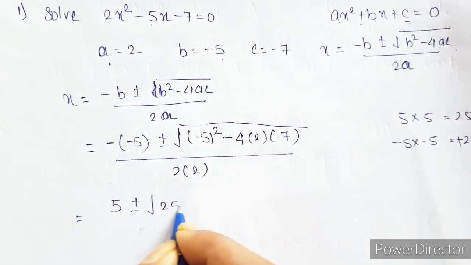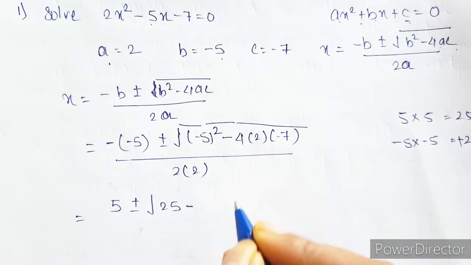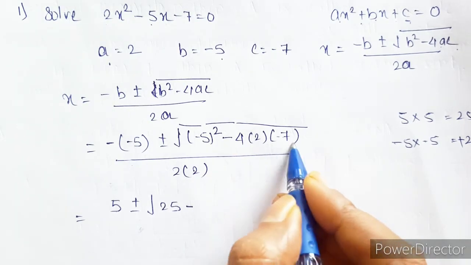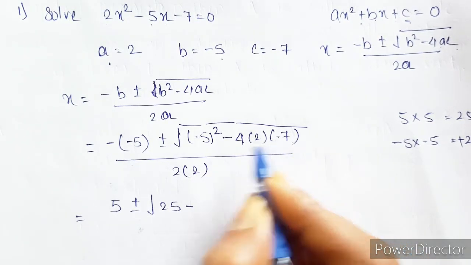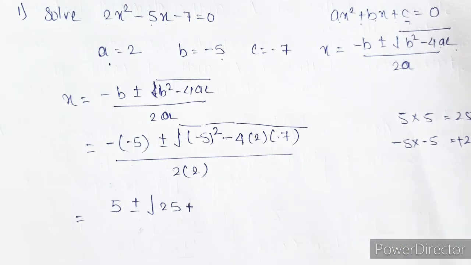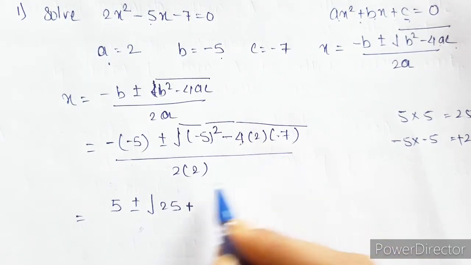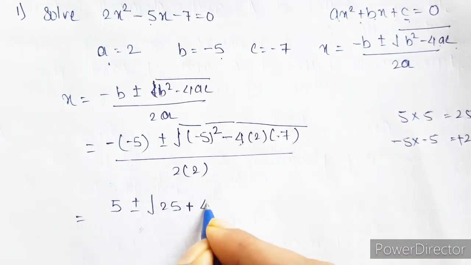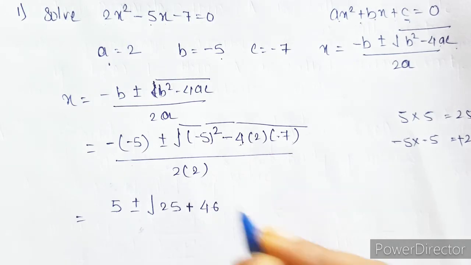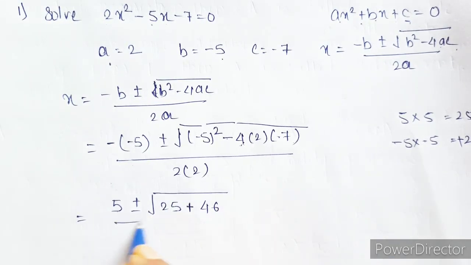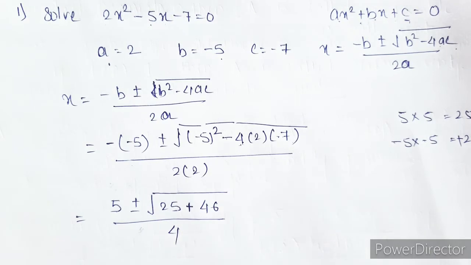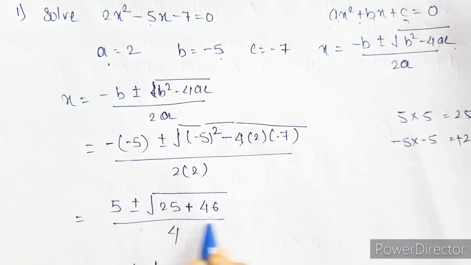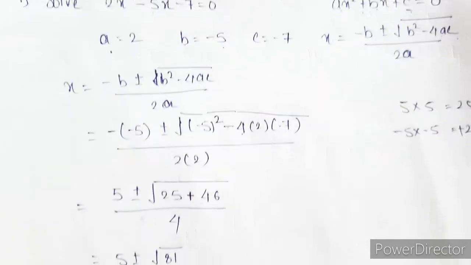So here we have 25 minus, then we have to multiply this, and this negative will be positive. After multiplying this, what we get is 56, divided by 2 into 2, that is 4. So 5 plus or minus, adding these two, it is 81 upon 4.